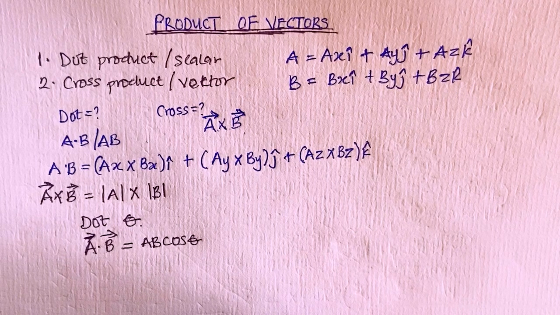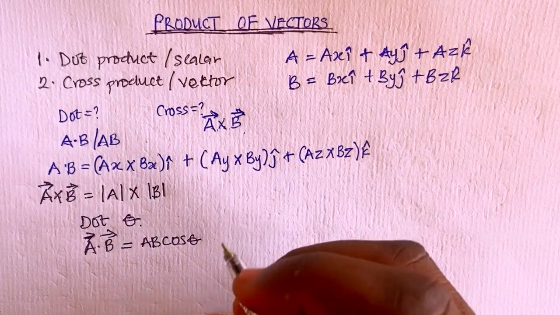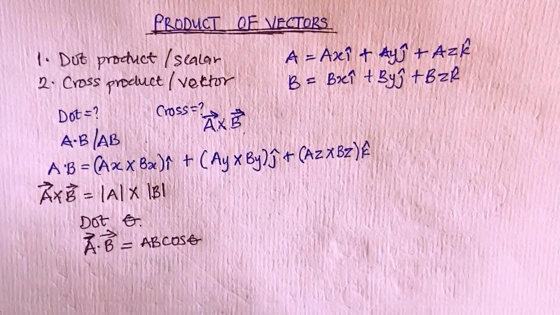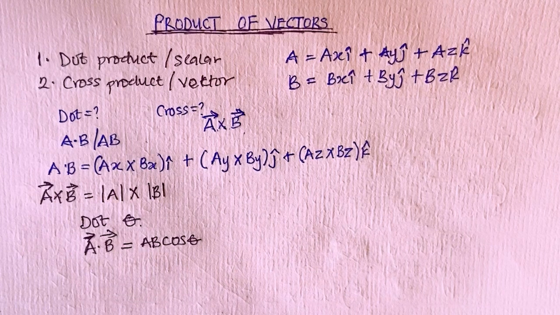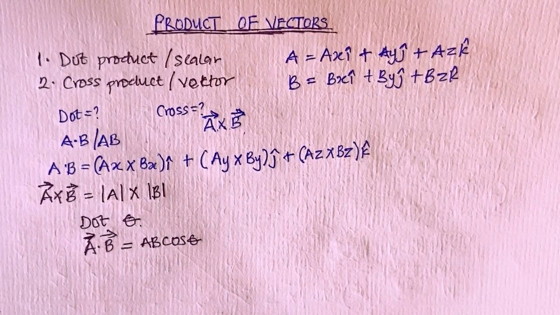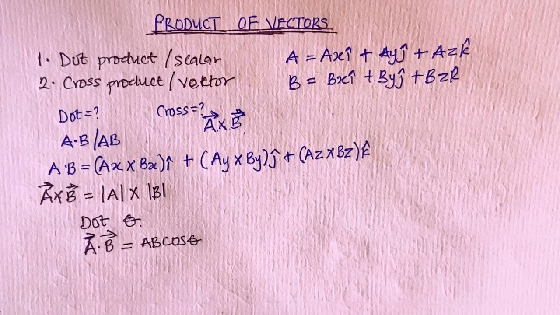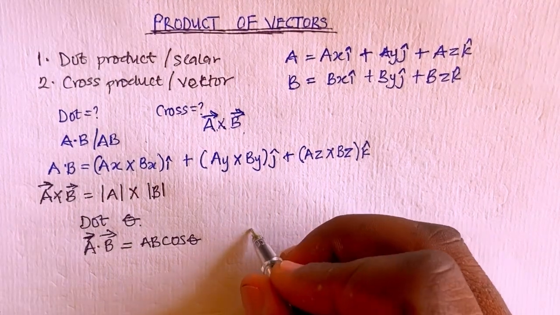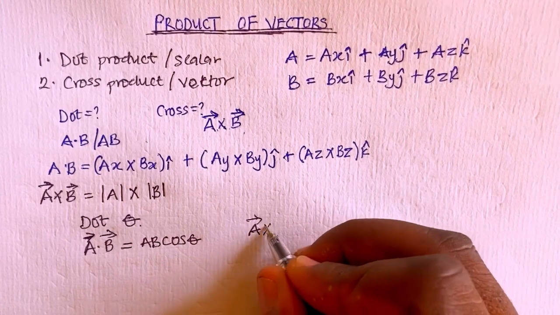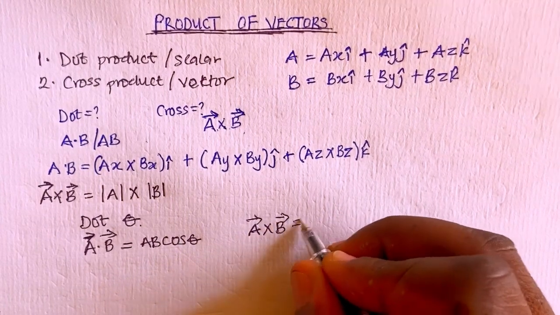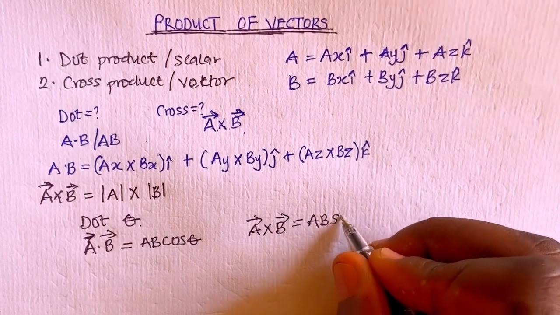What's going to be the cross product if it is inclined at an angle? The cross product, vector A cross vector B, is equal to AB sin theta.